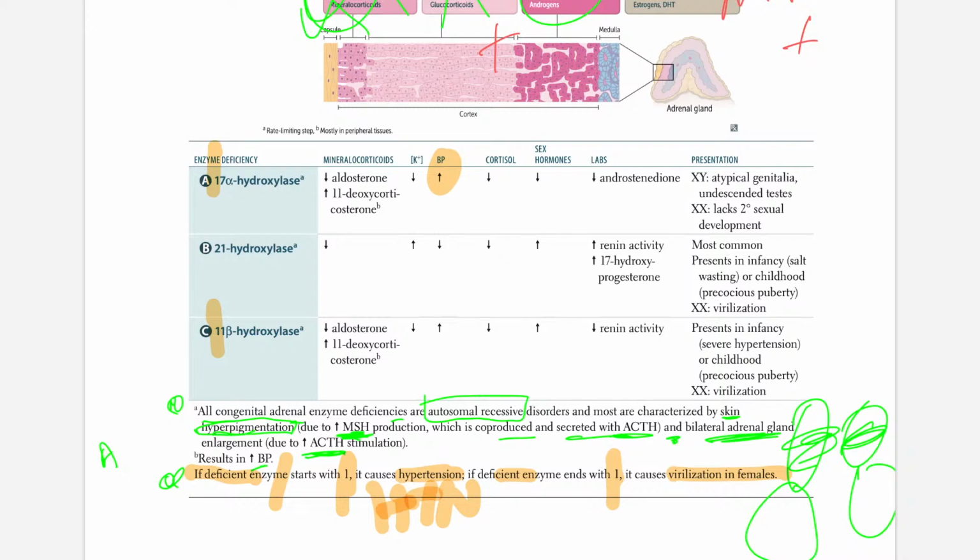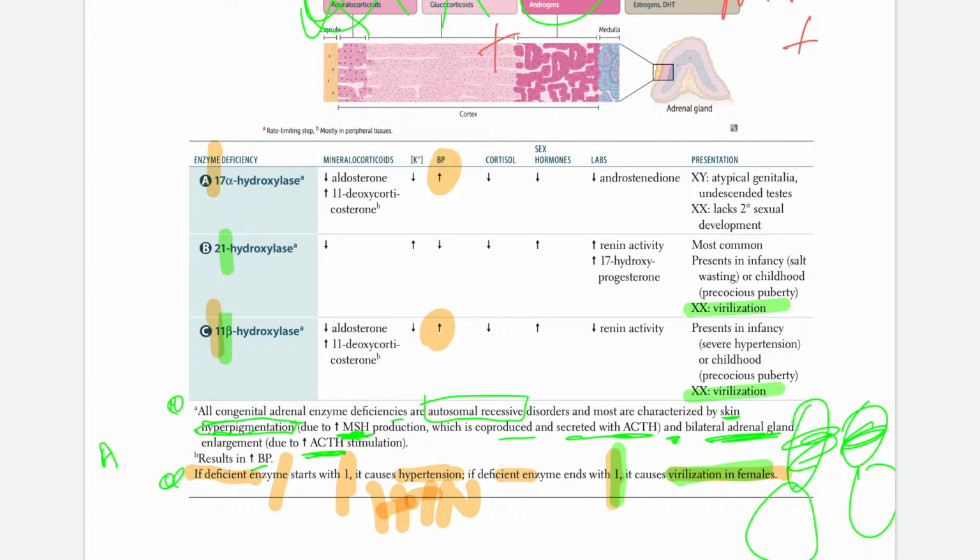Here is the hypertension. Here is the hypertension. If it ends with 1, which is actually 2 of these, it causes virilization in females. So 21, 11, virilization. Okay, that's one of the mnemonics.